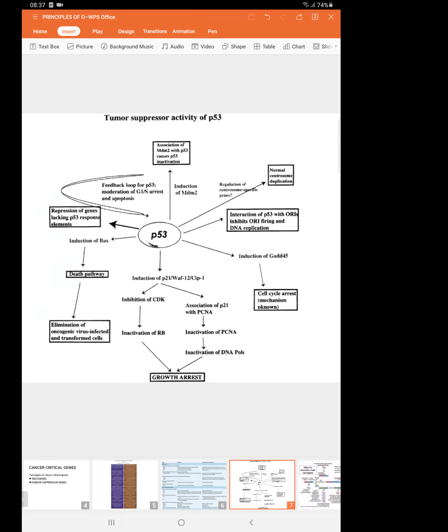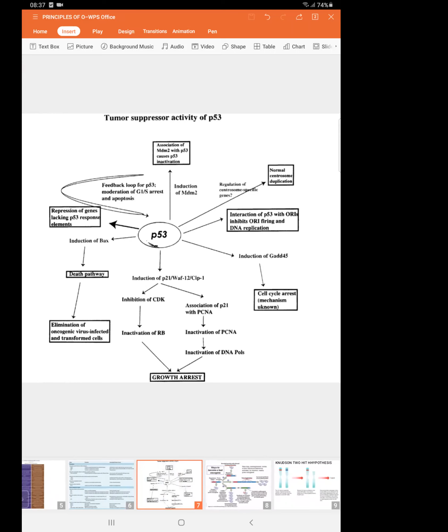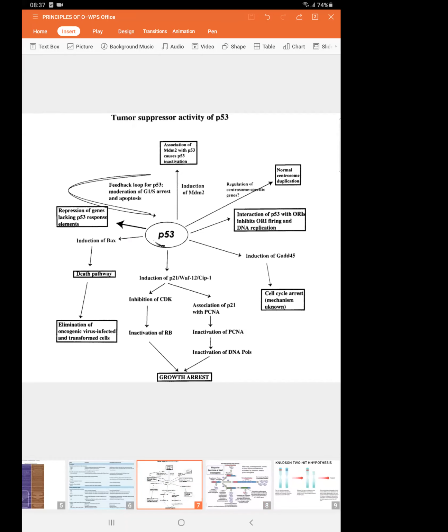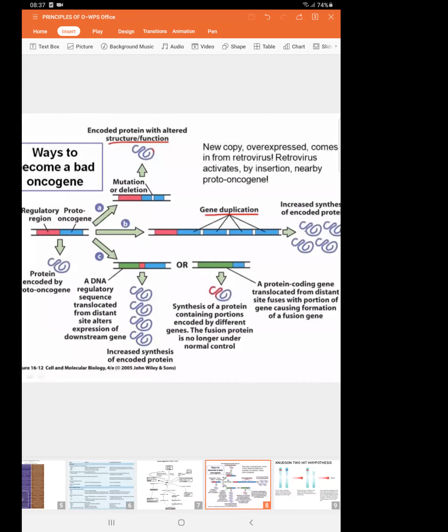It also helps in repair of DNA damage. This slide shows how P53 is actually a guardian of the genome. So P53 is a tumor suppressor gene which functions in this manner.